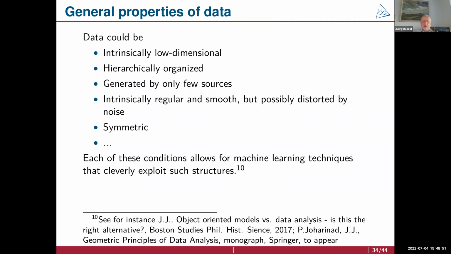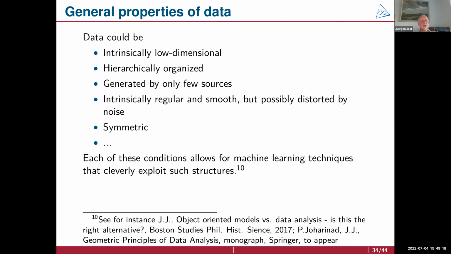Are they generated by only few sources? Are they intrinsically regular and smooth, even though the actual data may be distorted by some noise? Do they have many symmetries, as did the mineral data and the radiolaria, whose examples I showed you in the beginning, and so on?